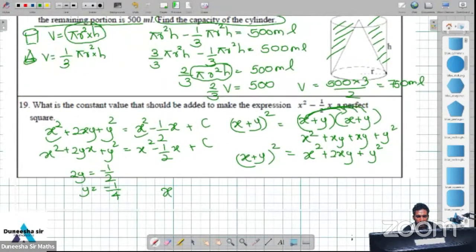Then x squared, take the squared one and see. Can you take it?